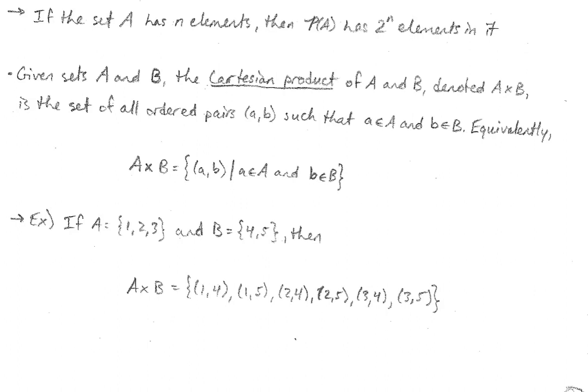A cross B is the set of all things of the form (a, b) inside of parentheses, such that little a is from capital A and little b is from capital B.